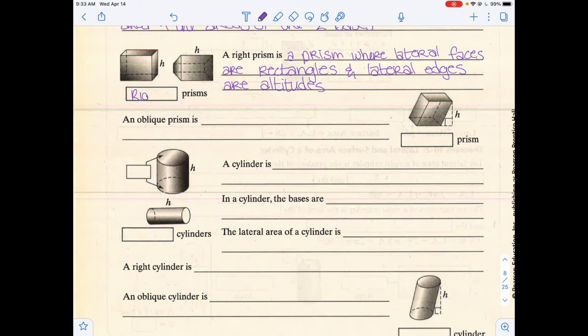So these would be right prisms because all these corners are right angles.